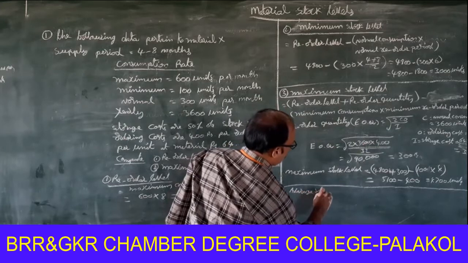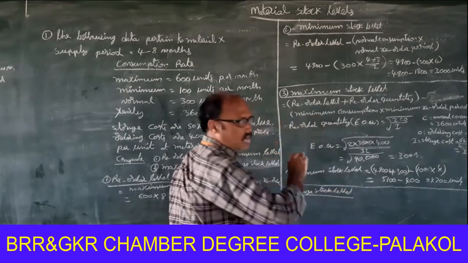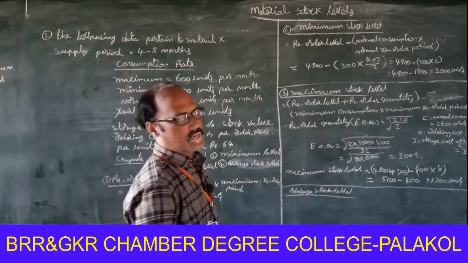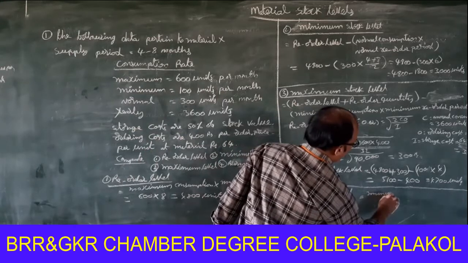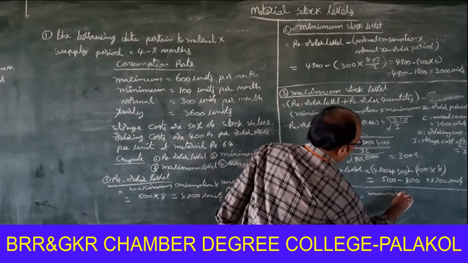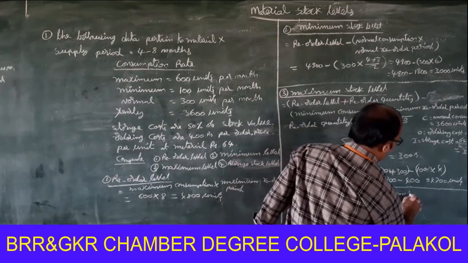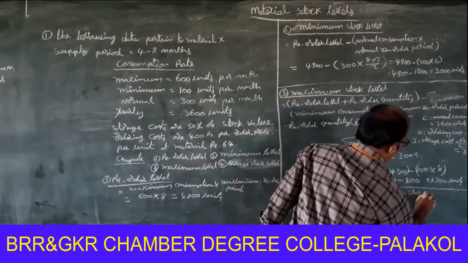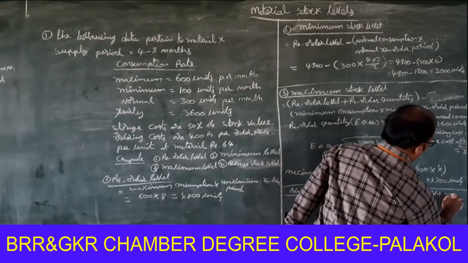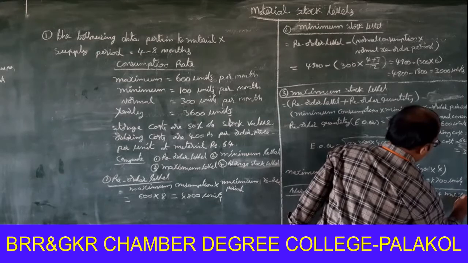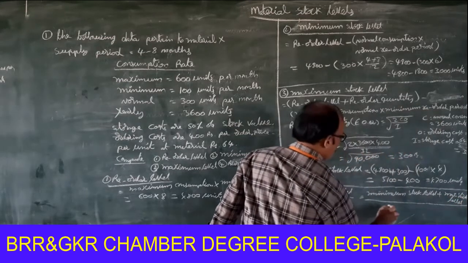Next one, average stock level. Average stock level is equal to minimum stock level plus maximum stock level by 2.